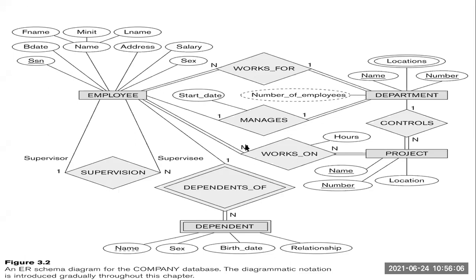And now let me ask you the question. Where is the derived attribute here? Number of employees. Yes, because it is a dashed oval here.